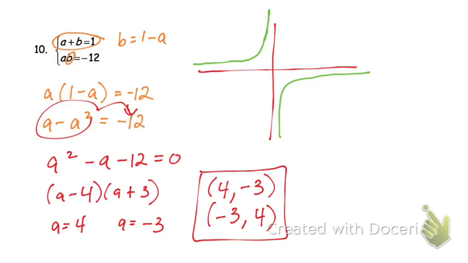And then the line would have a y-intercept at 1 and a negative 1 slope, so it'd look something like that. So then it intersects here and here: negative 3, 4 and 4, negative 3. It's fascinating to me.